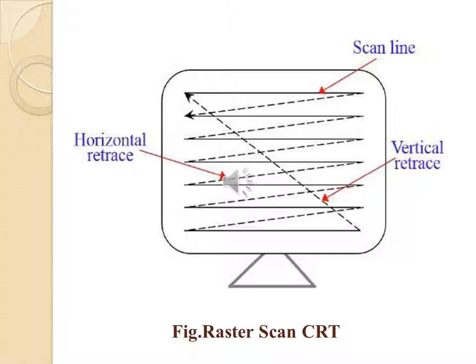The horizontal retrace, vertical retrace, and scanning lines are here. When the beam starts from the top left corner, reaches the bottom right and again returns to the top left, it is called the vertical retrace, and when it goes back from right to left, it is called the horizontal retrace.